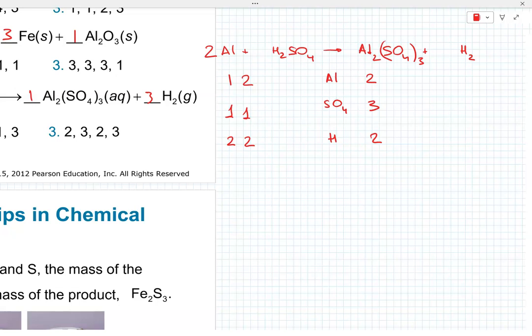So it's good. Then I can do sulfate. I'm going to put 3 in front of it. Everybody agrees that we have 3 sulfates on the left now. Yes, 6. What do I need to do on the right now?